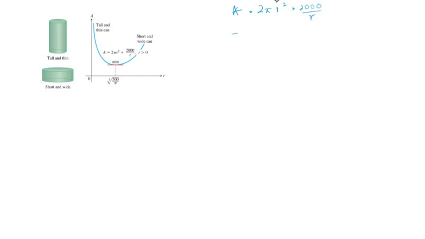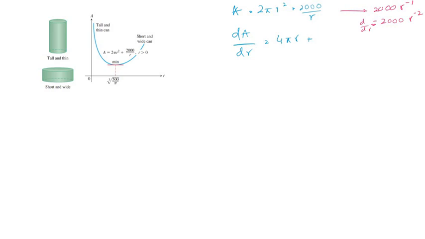So let's do this. We'll differentiate A with respect to r. We have 4 pi r plus, now if you take this term only, 2000 r to the minus 1, then using the power rule, d over dr gives minus 2000 r to the minus 2.